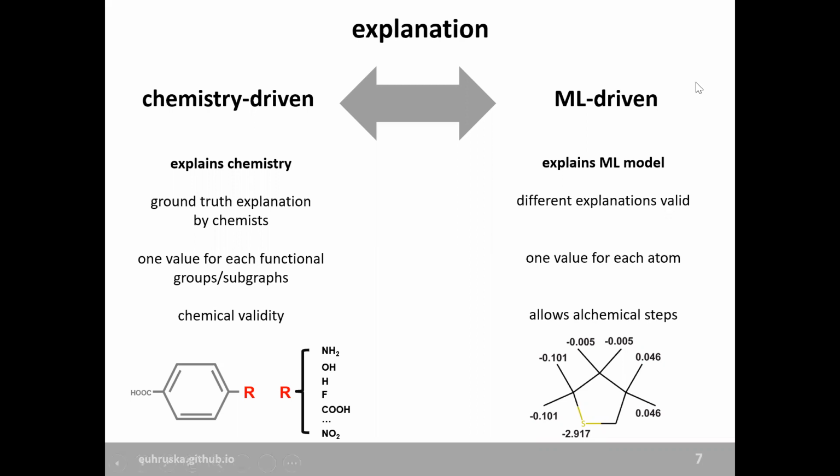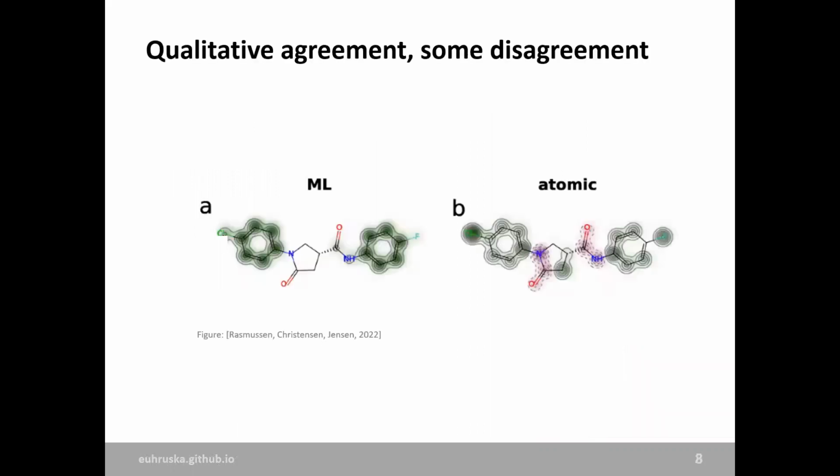So taking this comparison was my starting point to generate a larger data set to see how to combine these two different approaches, make them useful for both sides. So it's well known that when calculating explanations for molecules, there is qualitative agreement, but also some disagreement between different methods, and more between the more chemical and the machine learning approaches.